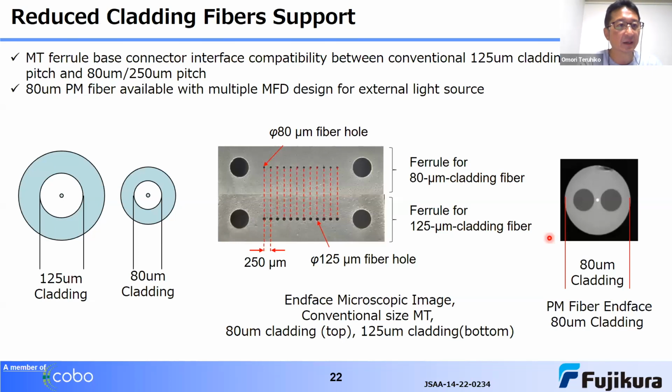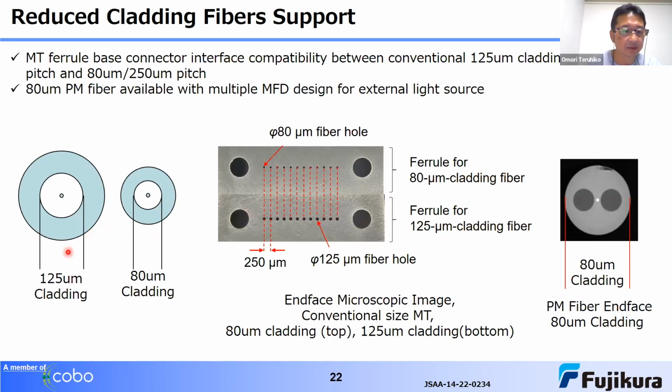And this slide shows reduced cladding applications. MT ferrule-based connector interface compatibility between conventional 125 micron cladding and 250 micron pitch, and 80 micron cladding with 250 micron pitch.